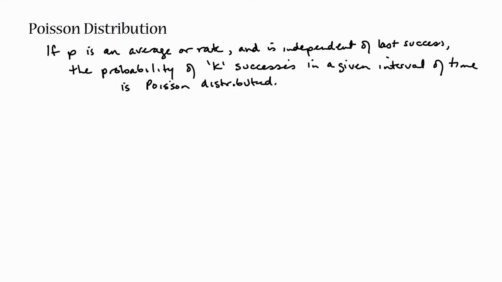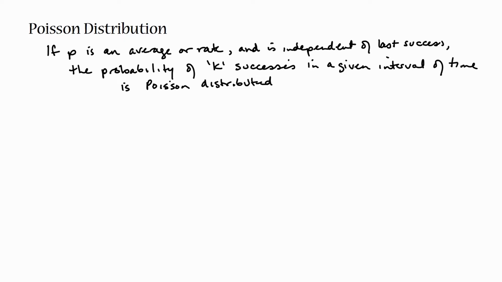So the biggest difference between this and the binomial distribution: in the binomial we said you've done n trials and you want to know what the probability of there being k successes is. In the Poisson distribution, you're assuming effectively an infinite number of trials, and you want to know the probability of getting k successes over some interval of time.